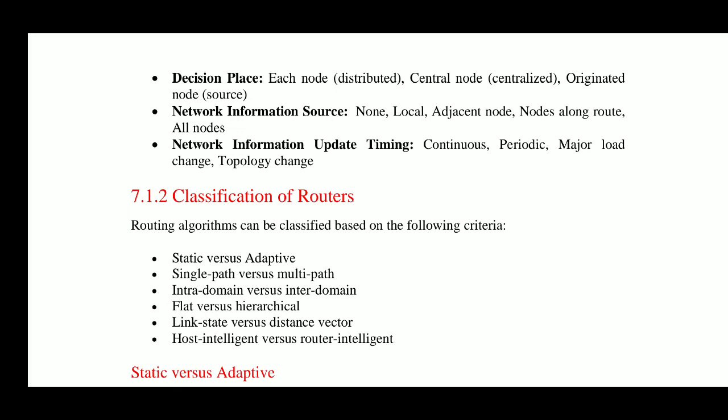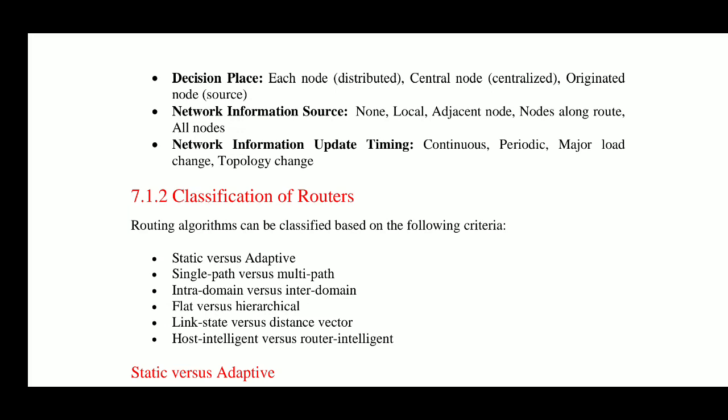These may be the network information sources from which control packets may be exchanged to acquire the complete picture of the network topology. For network information update timing, we can update the network picture continuously, or in a periodic manner, or at the time of major load change, or at the time of topology change.